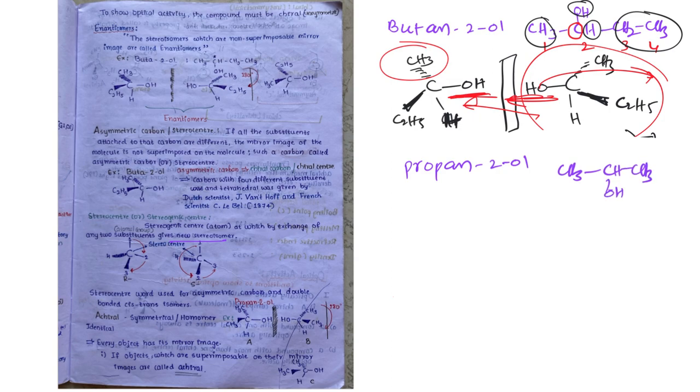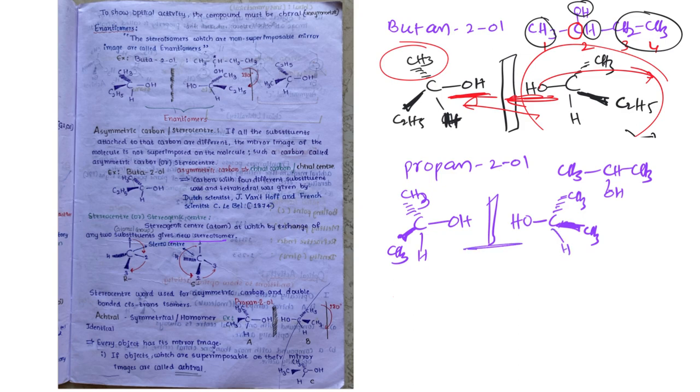In this, the carbon has OH, one methyl group away from the observer, another methyl near the observer, and a normal hydrogen. In the mirror, it appears as OH, CH3, and a dark-line CH3 near the observer, and a normal hydrogen.